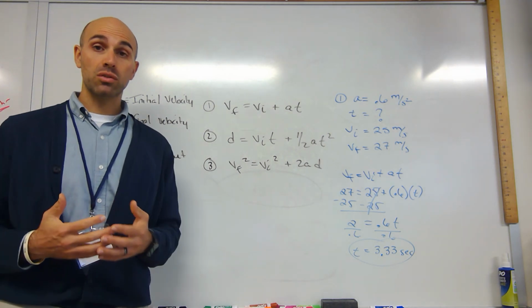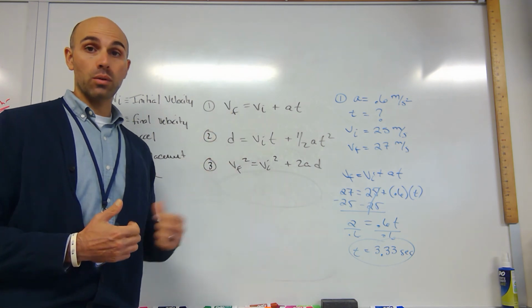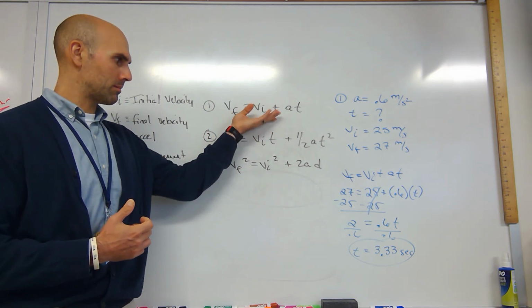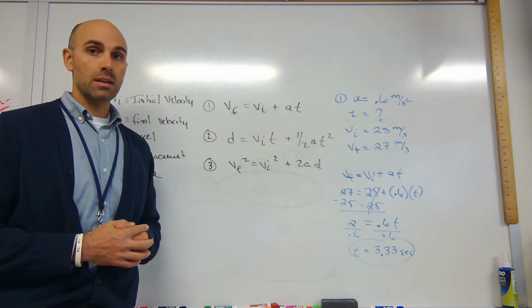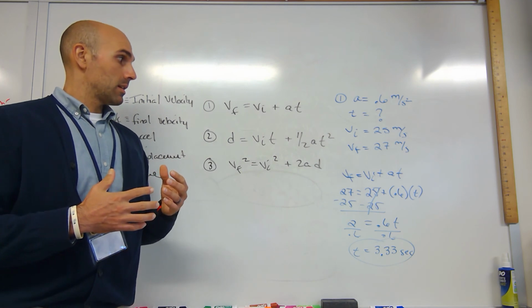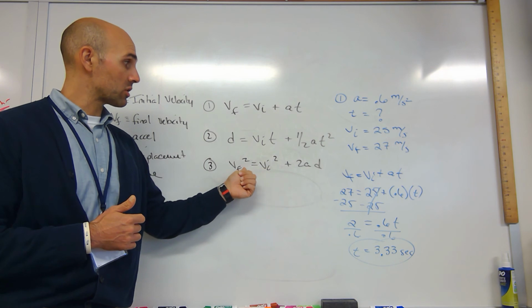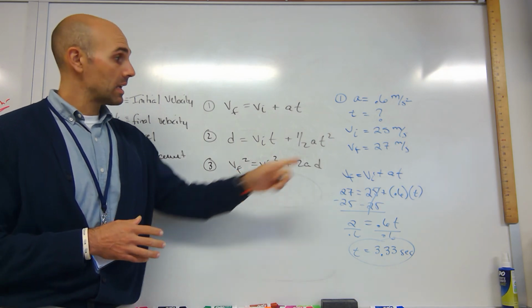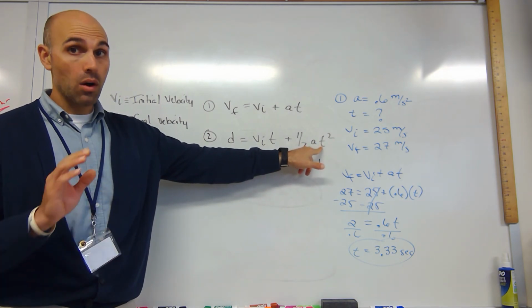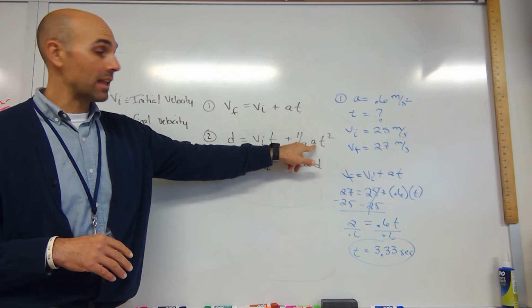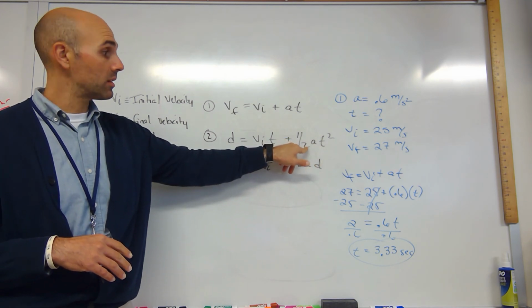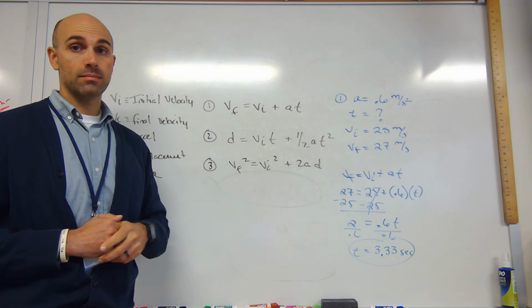So what I would suggest you do is try to use the other equations to solve for time, mainly this one. Always remember to square the velocities for equation number 3. In equation number 2, only the time is squared, not the a, not the 1/2, only the time.